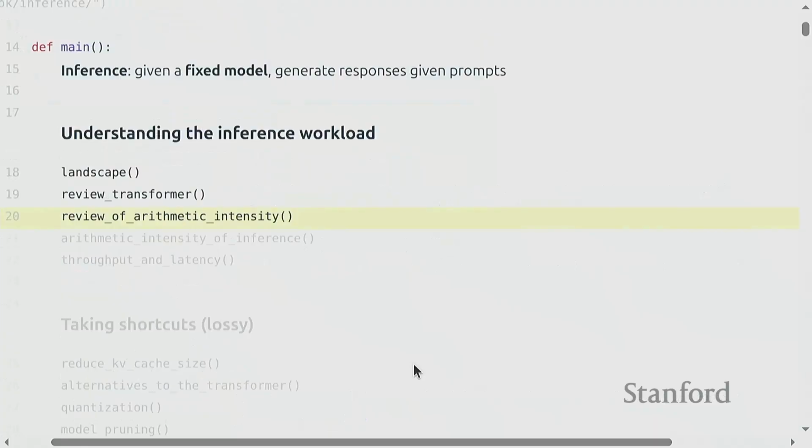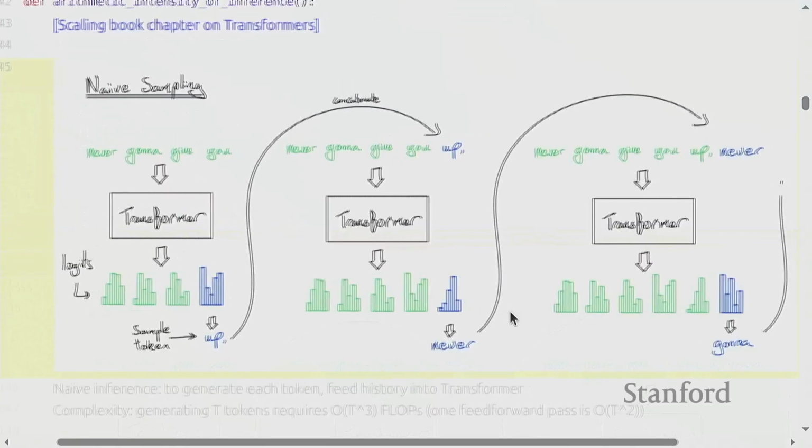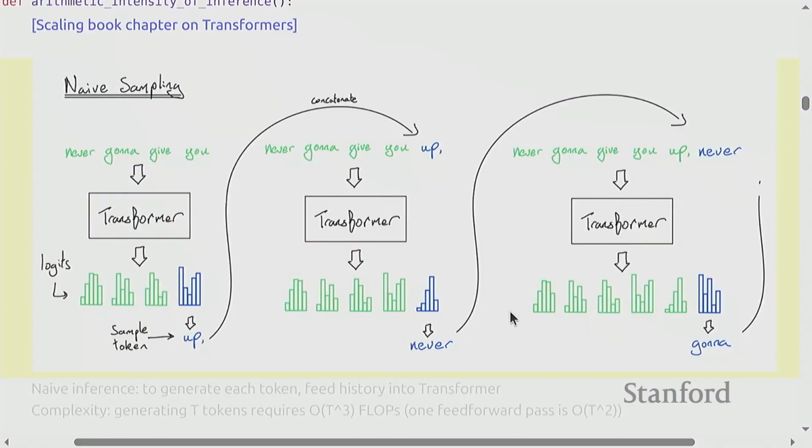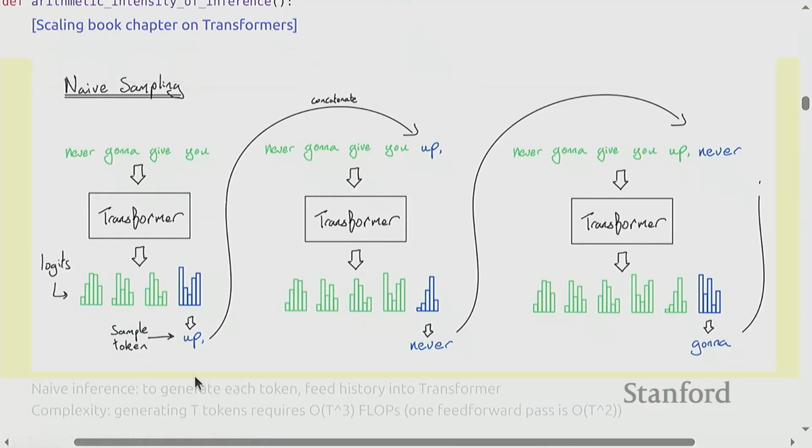Okay, so now let's talk about the arithmetic intensity of inference. Let's get more into the weeds of what inference looks like. The naive thing you can imagine doing, and all these nice pictures are taken from this book, is that you have a transformer, you give a prompt in, it gives you logits over the vocabulary of the next token, and you just sample from that.